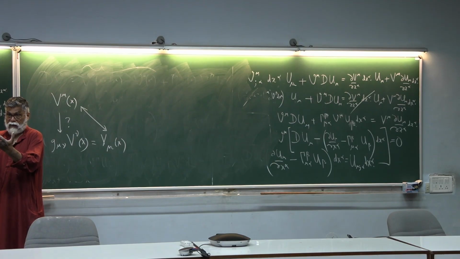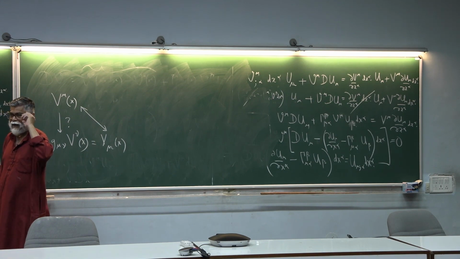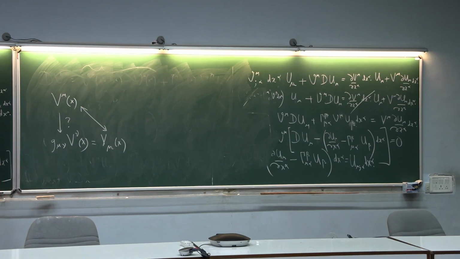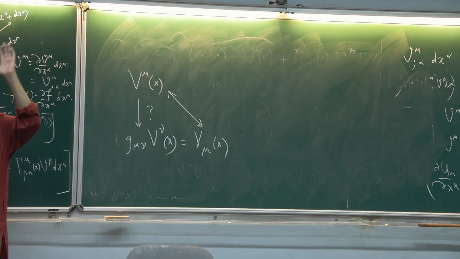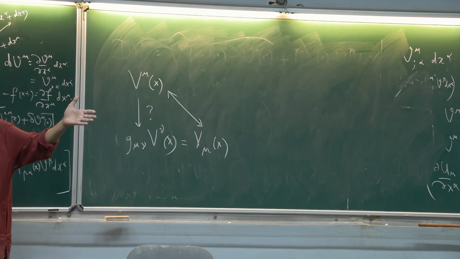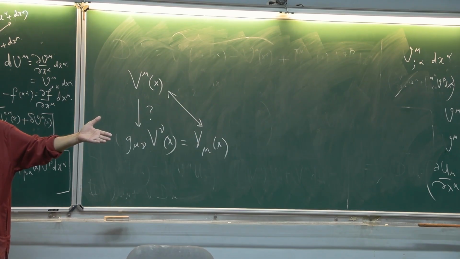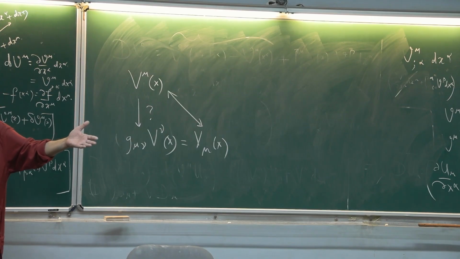So G mu nu is not any arbitrary covariant second rank tensor. It's a very special covariant tensor field, namely it is a metric. That's why I use the word cardinal. Cardinality? No, that's separate. The cardinality of a set: if you have an infinite set, like the set of natural numbers, 1, 2, 3, 4, you can go up to any number.